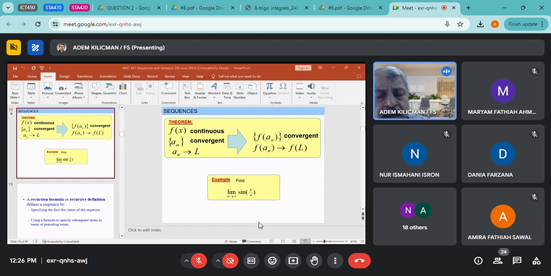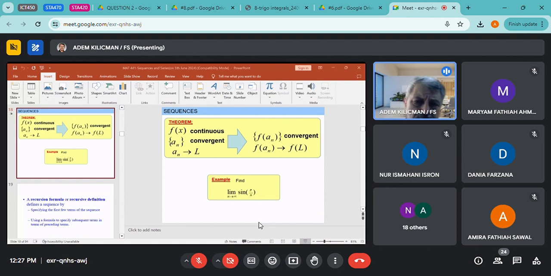After that, I have mentioned that sometimes the formula is not clear or explicitly given to us. So we have to generate the rest of the terms. Maybe some of them are given to us, and after that we have to generate and try to get the formulation or general term from that. This kind of sequence is called a recursive sequence, or recursive definition, or recursion formula.